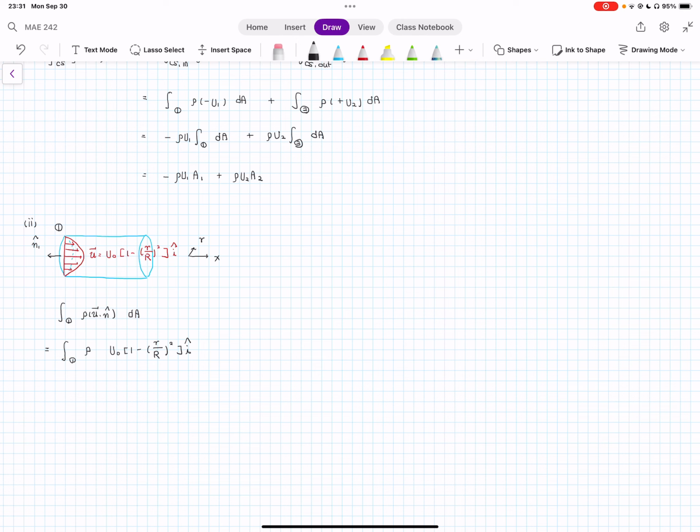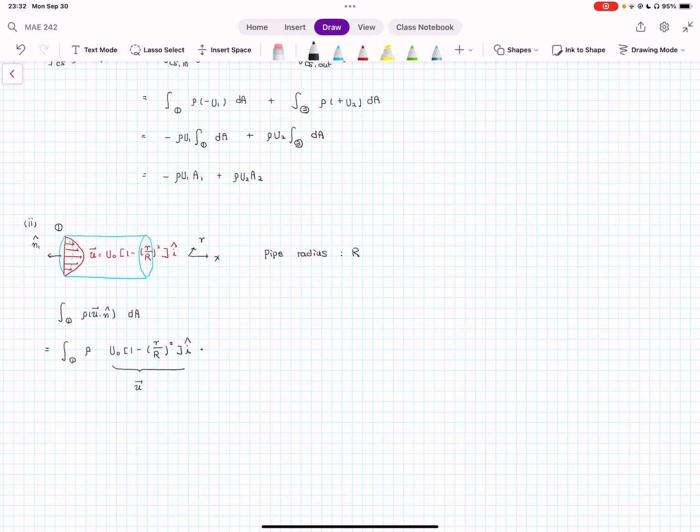And of course the pipe radius is uppercase R. And that's gonna be my velocity vector. So I have a magnitude and direction, which is i. So then this is dotted with the n1 vector.